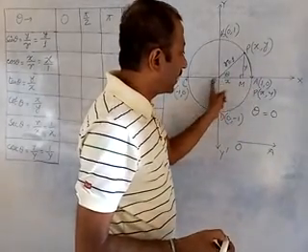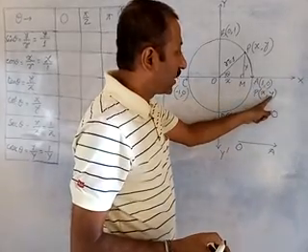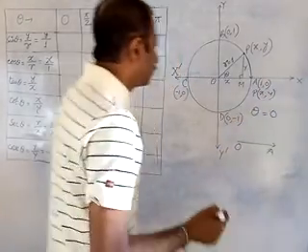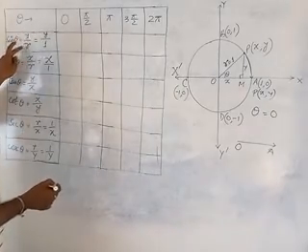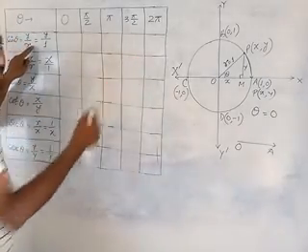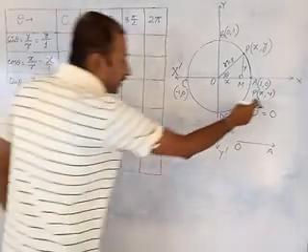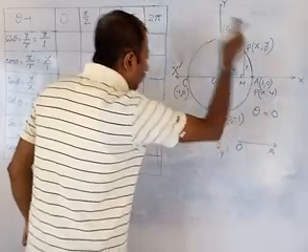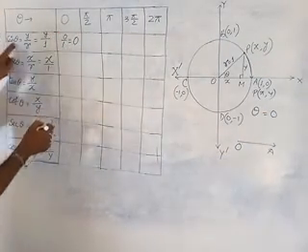So OA and OP will be the same. What is the value of sin theta? It is y by r, where r means the radius, which is 1. So y by 1, and y is 0. So 0 by 1 means 0. So sin 0 is 0.